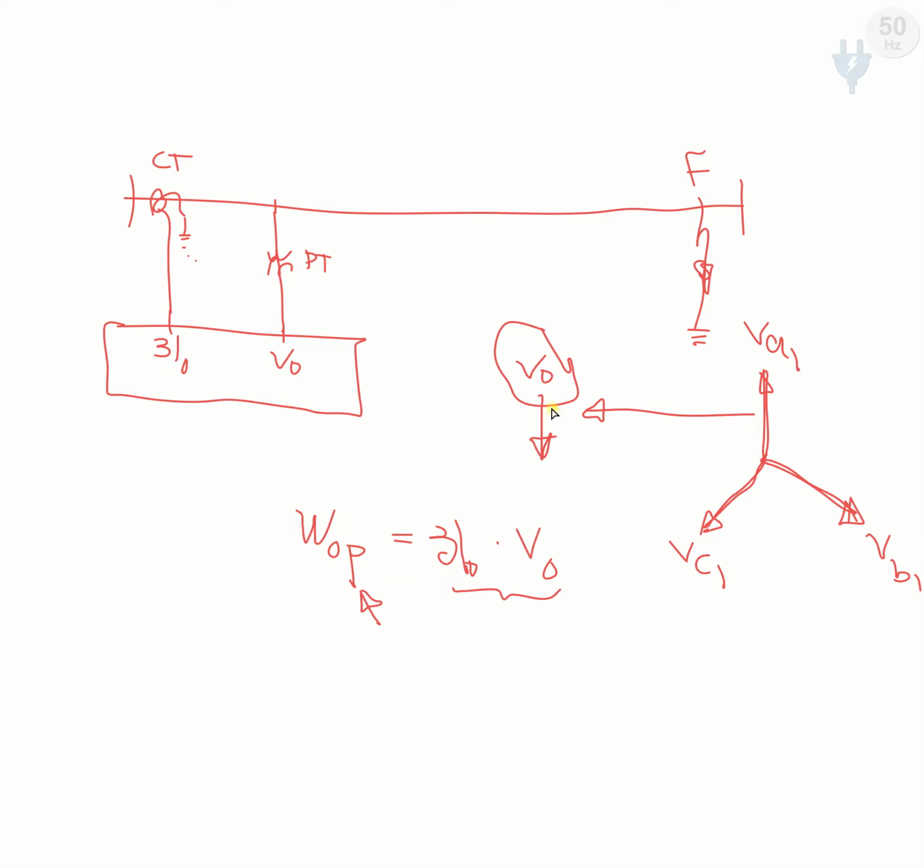If we calculate in the purely resistive fault, then if any fault is in the forward direction, W0P becomes negative. So if the calculated value of W0P becomes negative, the relay can understand that the fault is in the forward direction.